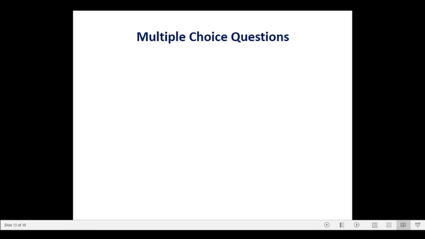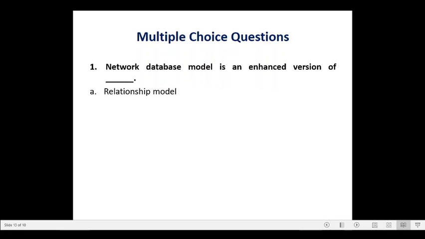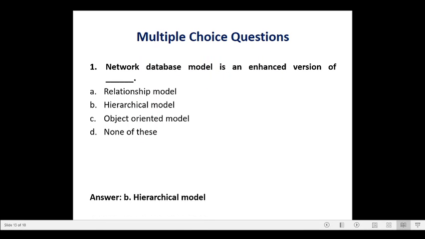So based on this, let us answer the multiple choice questions stated here. First question: the network database model is an enhanced version of. Options are relationship model, hierarchical model, object-oriented model, and none of these. Yes, we know that it's an enhanced or generalization model of the hierarchical model.